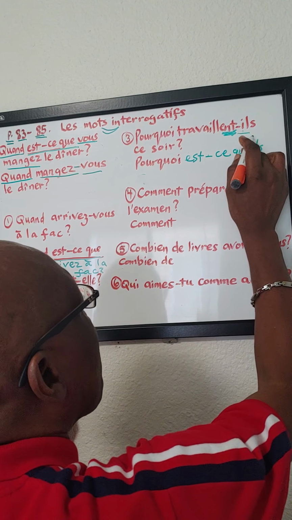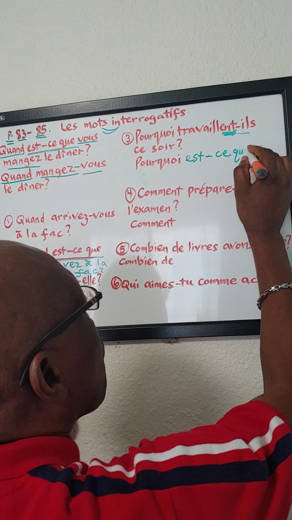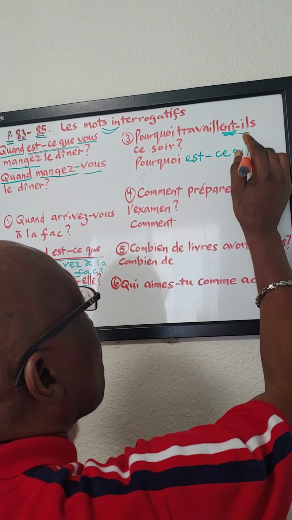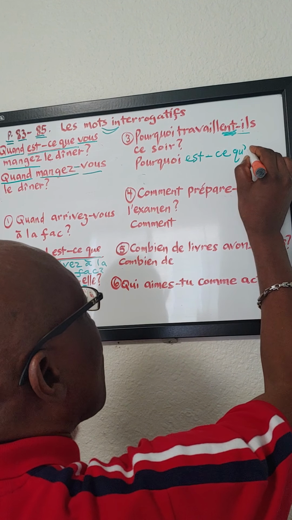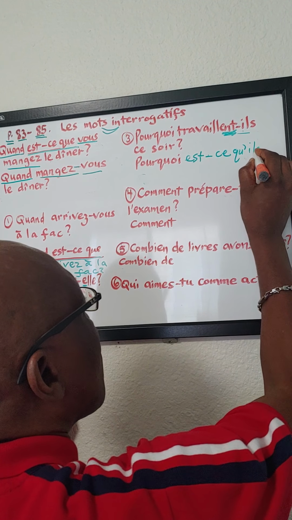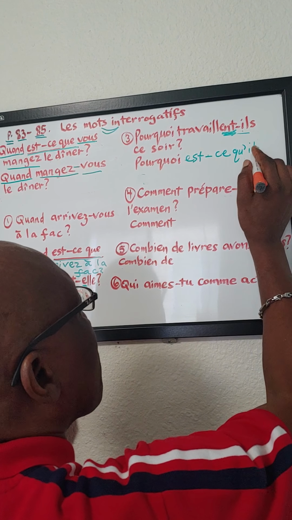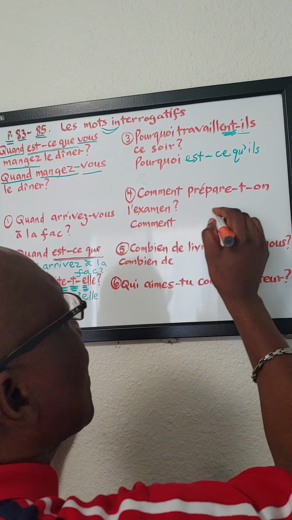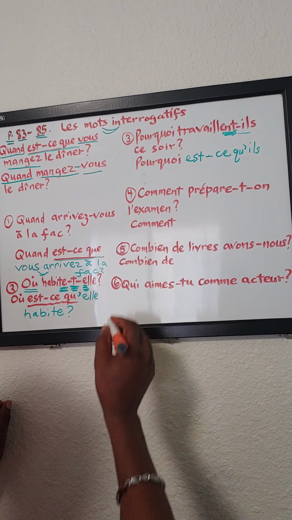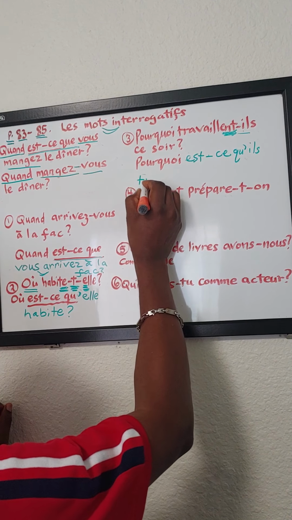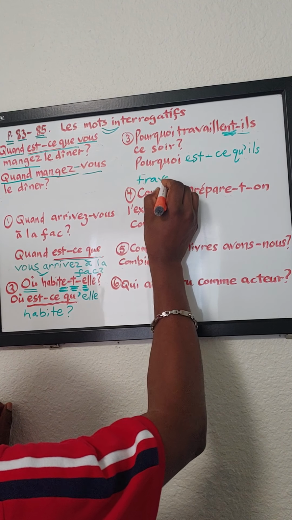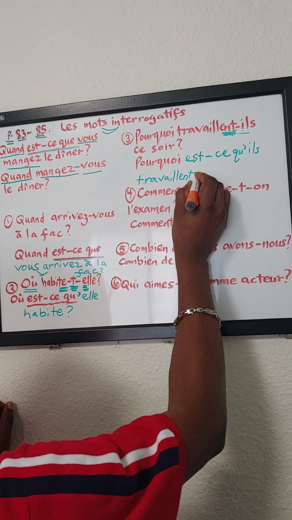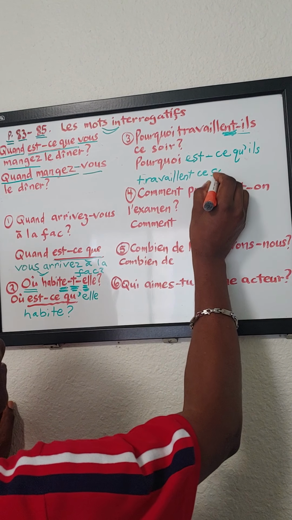Est-ce que: the E will disappear because two vowels meet, and then we will put our apostrophe there. And then we'll write il. Pourquoi est-ce qu'il travaille ce soir?